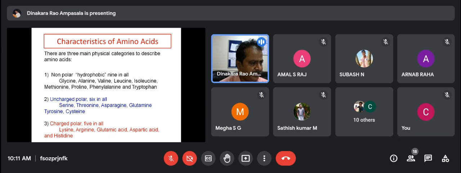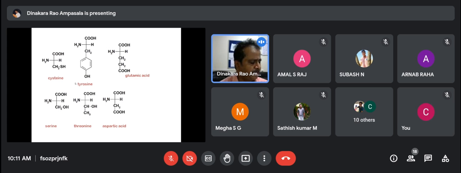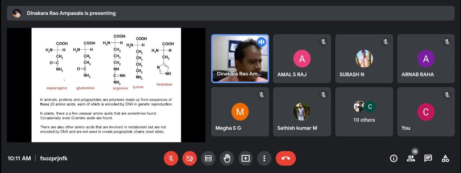So these are all very basic things. You can see the structure of amino acids and different types of amino acids, chemical nature, chemical composition, all those things in any standard textbook. Okay, in any standard biochemistry textbook or biology book.